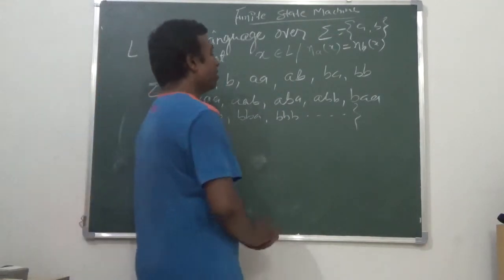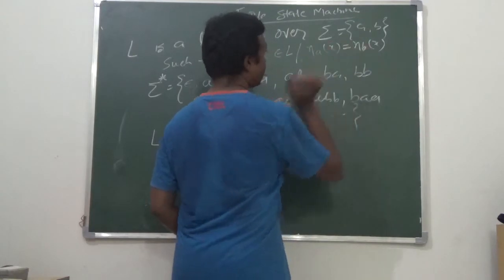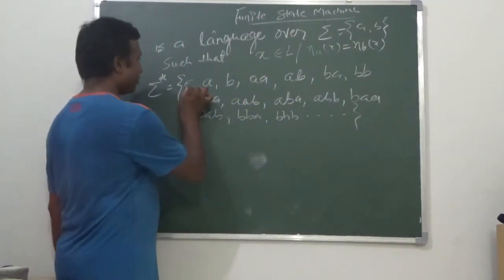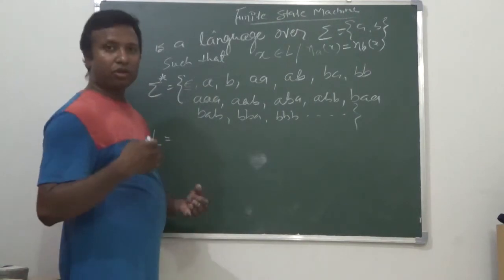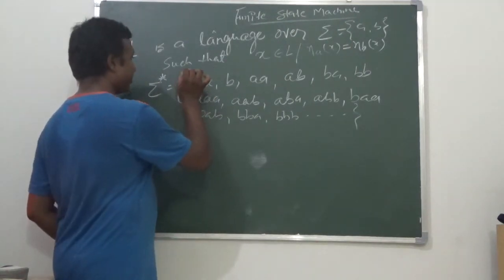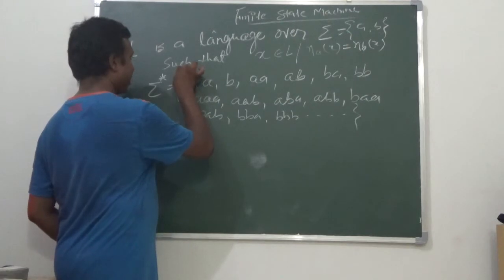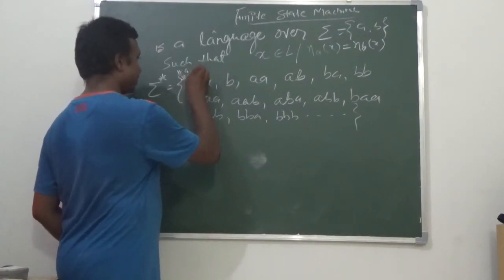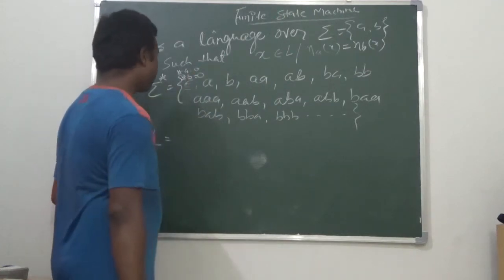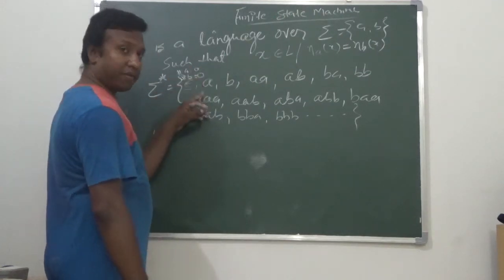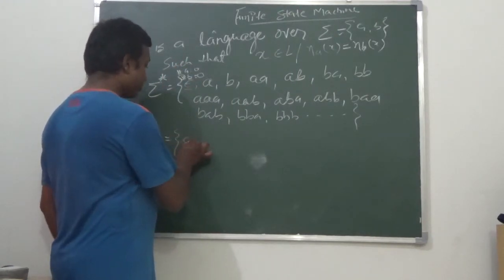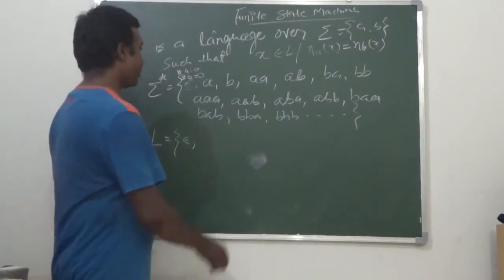L is saying the number of A equal to the number of B. So let's count how many A we have and how many B we have. Here the number of A equal to 0, the number of B equal to 0. Both are the same, so we are going to include epsilon in this set.